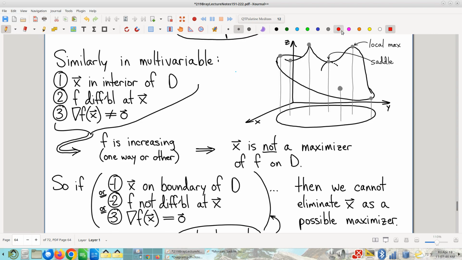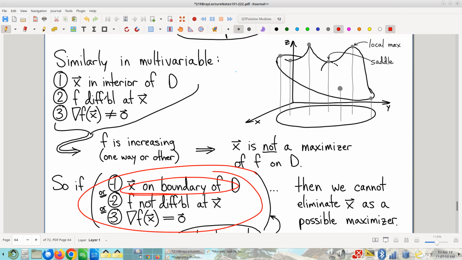Critical points being points that are either on the boundary. Now I can't just move in whatever direction I might need to move to make my case. Obviously, if there's a differentiability problem, I can't cite the derivative as telling me something. And if the gradient is 0, then the function isn't changing at all as I move, and so I can't claim it's getting bigger.